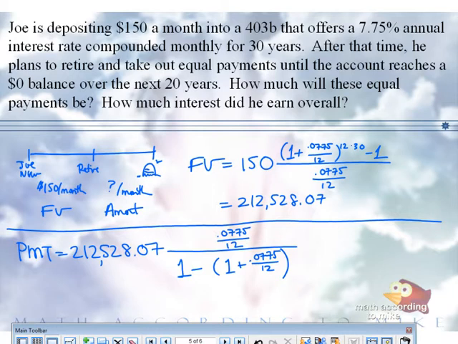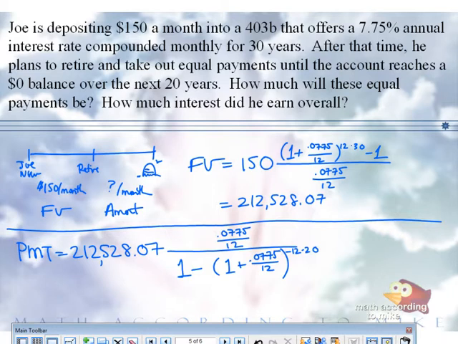But we're doing this 12 times a year for how many years? 20. Because Joe's going to go out with a bang and leave nothing for his kids. Good job, Joe.